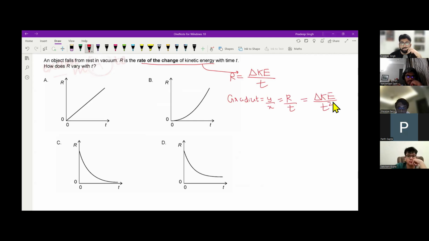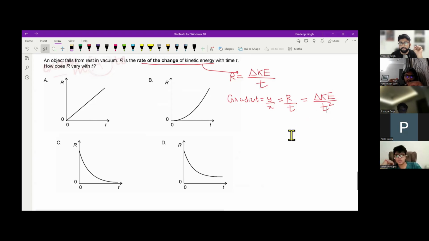Since it's falling in a vacuum, the acceleration would be constant, so the velocity change would also be linear. But in kinetic energy, it is velocity squared, which is also being divided by time squared. So the graph should be linear then. No, I'm not getting it. How did you say change in kinetic energy depends on the square of time?